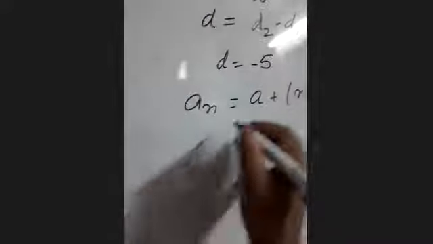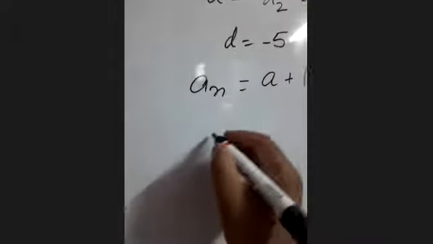Now we have the formula An equals A plus (N minus 1) into D. The number 253 is A. We have been given N, we need to find An.